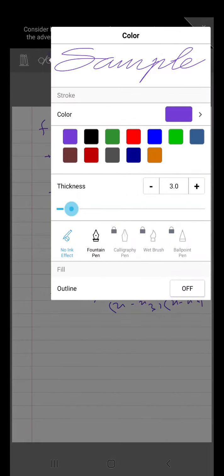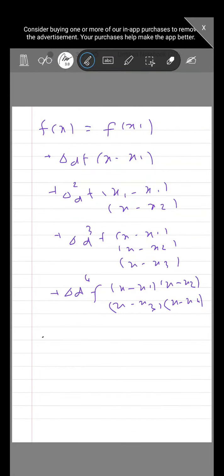So putting these values, now x is equal to 2.5, we find f(2.5).